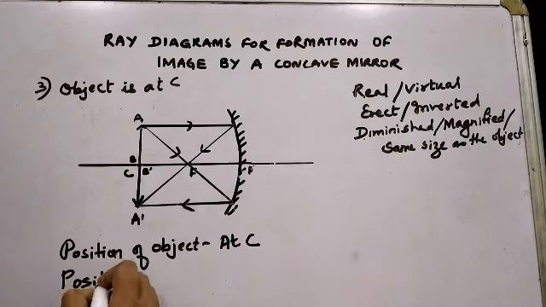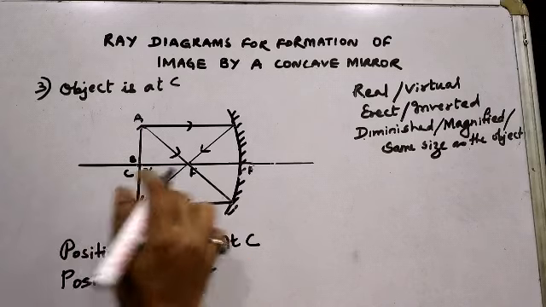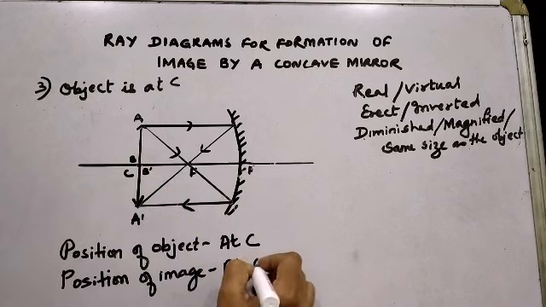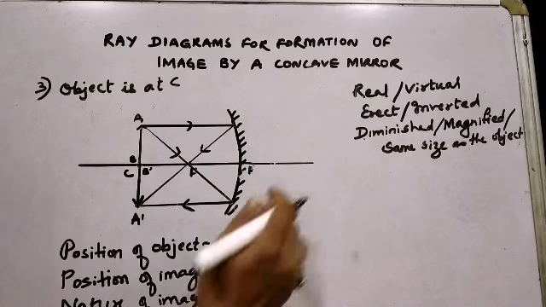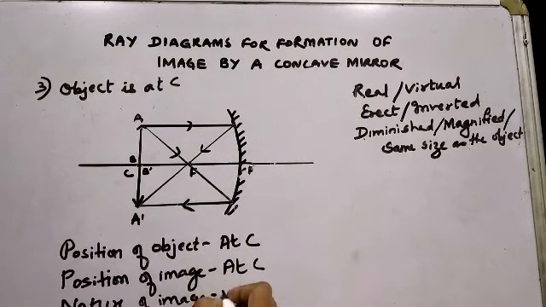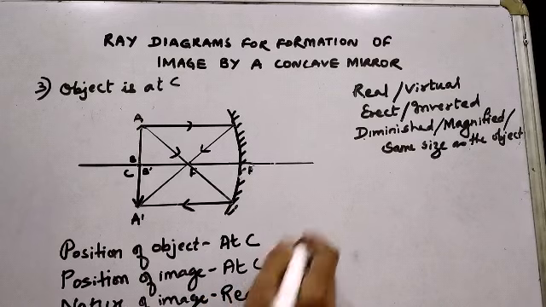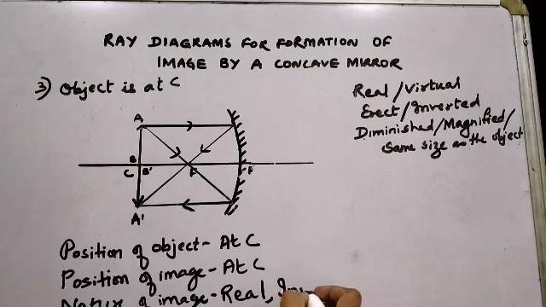Where is the image formed? So position of image. See where the image is formed? Image is also formed at C. So position of image will be at C. Nature of image. Image is a real image because the reflected rays actually meet at a point. So it's a real image, and whether it is erect or inverted, you can very clearly see that it is an inverted image.